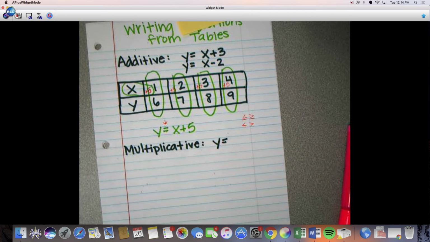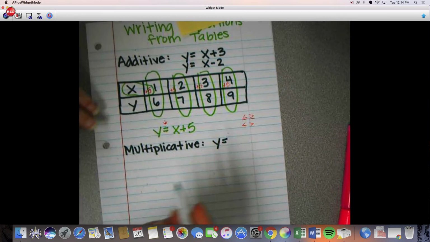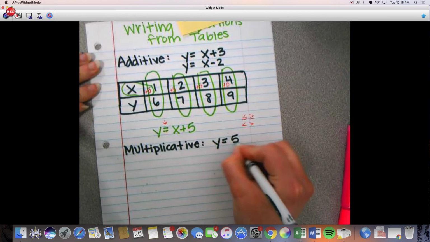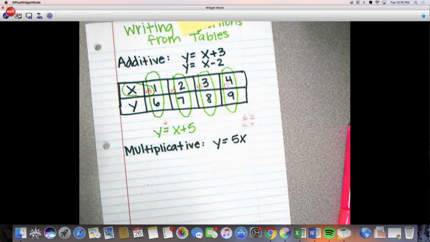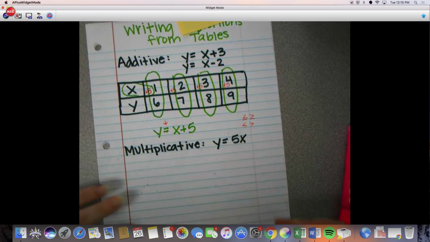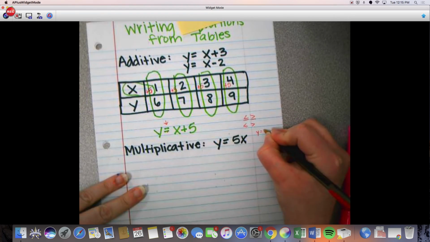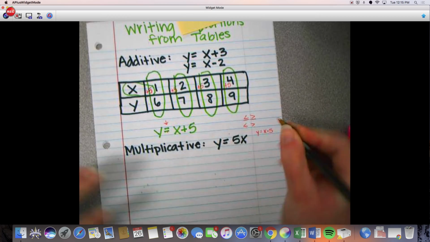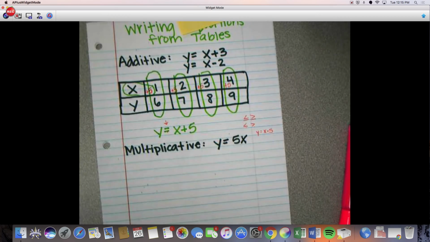When we multiply in an equation, we write it as a squishy. So we could have y equals 5x. Remember that that is the same thing as y equals x times 5. But they like us to write it as a squishy, like 5x.